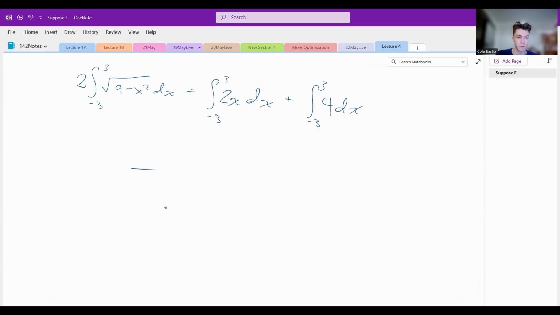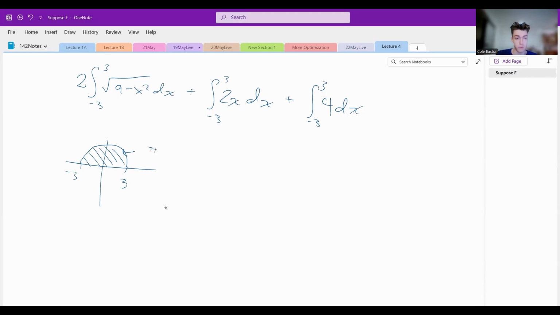So for this first one, just like before, hopefully now you can identify this, that this is going to be a semicircle of radius 3, and we're integrating from -3 to 3. So it's this semicircle, right? And so the area of a circle is pi r squared.